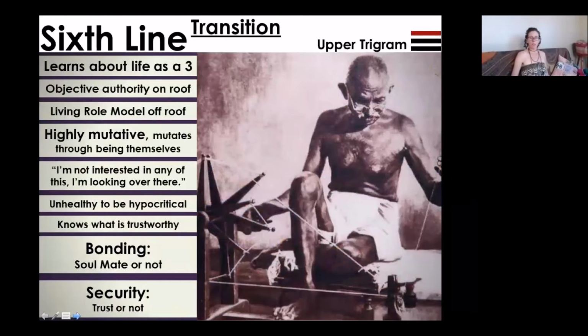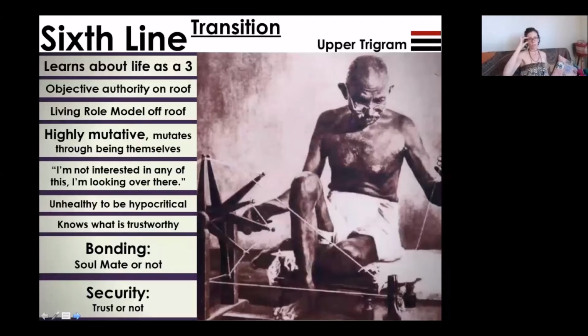All right, so we're talking about the final line in the hexagram, and this is the 3rd line of the upper trigram, the 6, which is also called the role model. The 6 goes through a 3-part life, 3 phases.